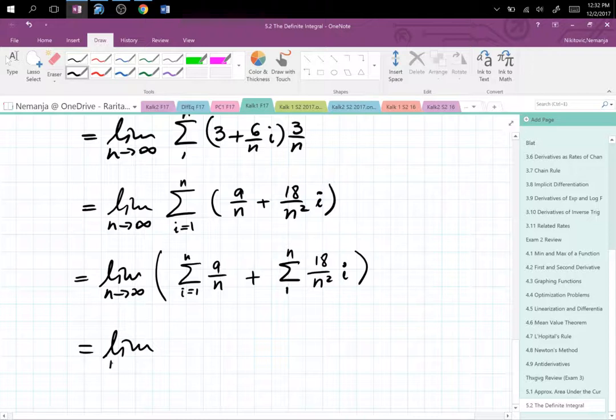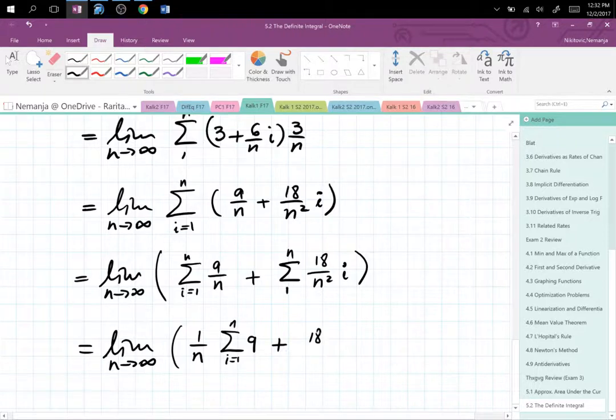Again, limit as n goes to infinity. See this n? n is a constant in the eyes of the sum because the variable is I. So I can kick 1 over n outside and leave this as a summation of 9. Plus, the same thing happens on the other one.